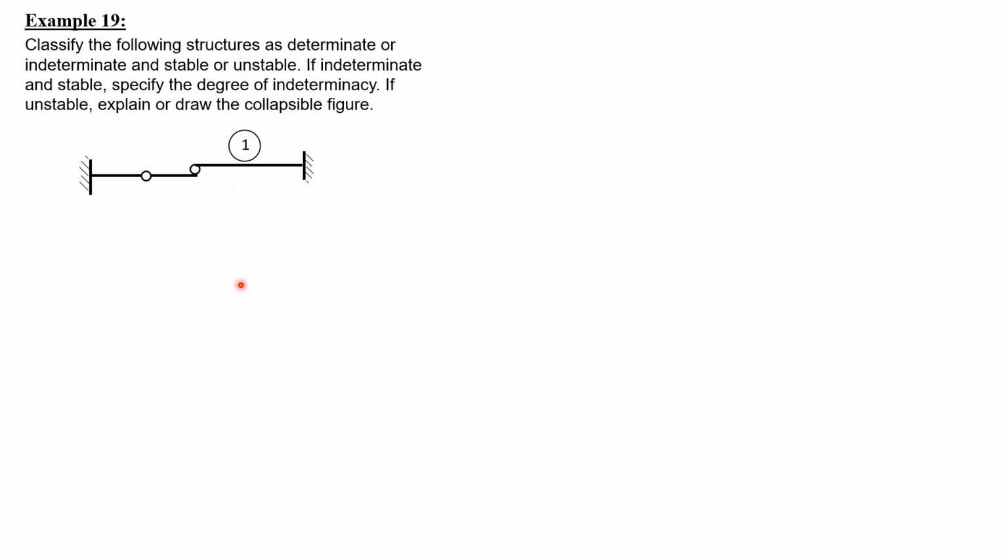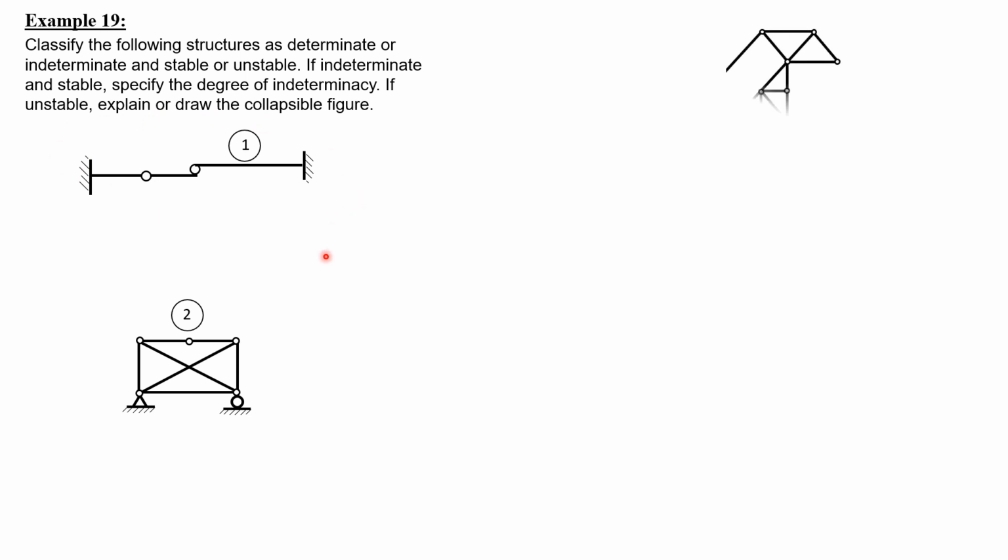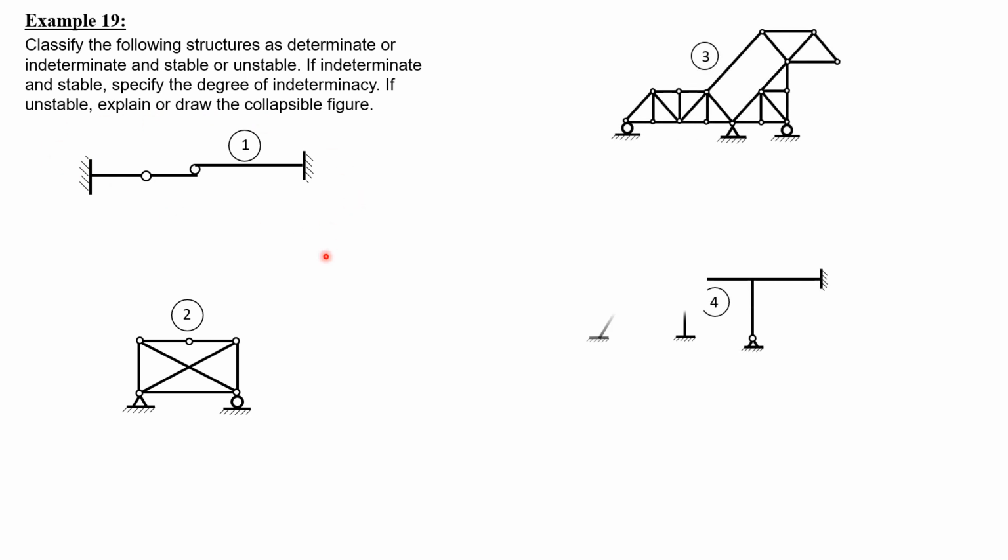Since the criterion is R equals 3n, where R is 9 and n is the number of free body diagrams, 3 times 3, then this beam is statically stable and determinate.